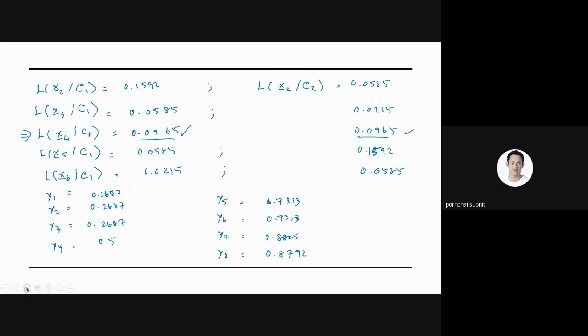Okay, so you see that gamma, which is the probability that the data points will be in cluster 2, is quite small for the first 4, right? So this must be cluster 1, and this must be cluster 2.